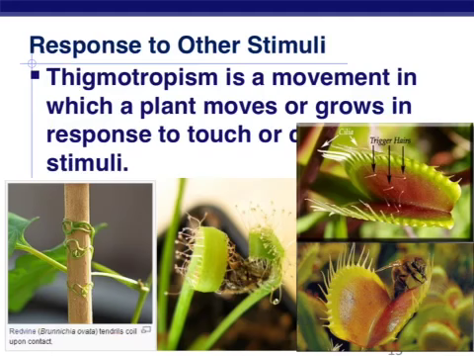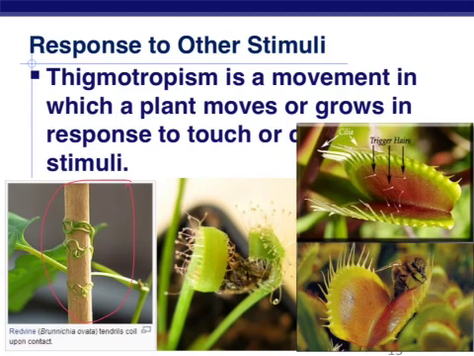Okay, one other main kind of tropism is called thigmotropism. And thigmotropism is movement or growth in response to touch. Okay, so some kind of touching stimulus. And a good example would be plants like ivy, for example, which make little tendrils, or even peas.